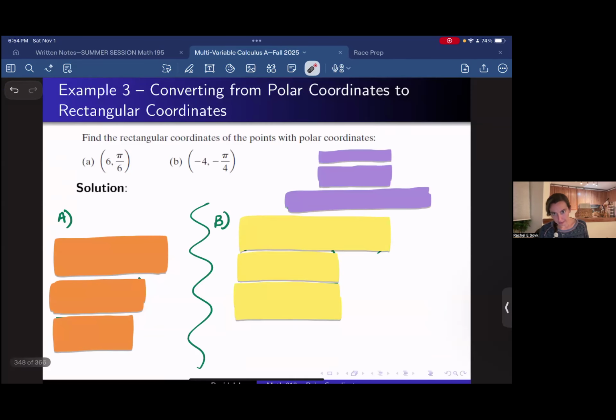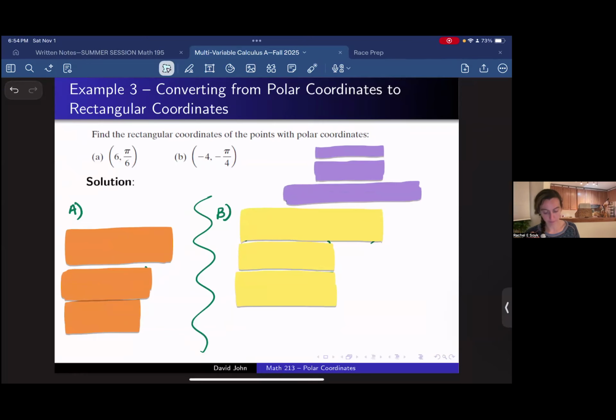And now we're finally on to our example 3. We are asked to find the rectangular coordinates of the points with polar coordinates. Our part A, again, we're given our polar coordinate form. We have 6 comma pi over 6.